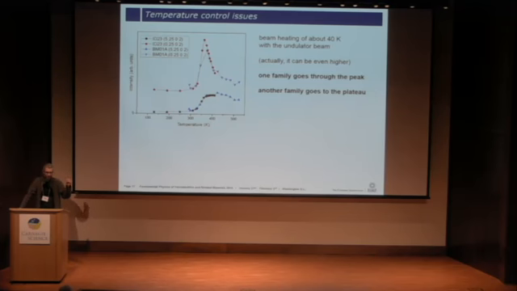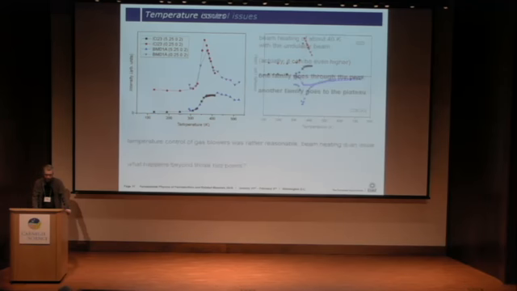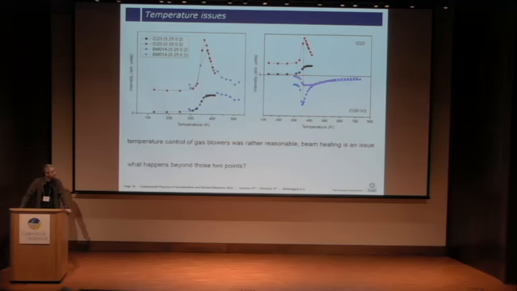For example, having a phase transition really helps. So one family goes to the peak, another family goes to the plateau, and if we take a larger range of temperatures, this plateau decays, but it stays quite constant for at least 100K, and then it decays slowly.